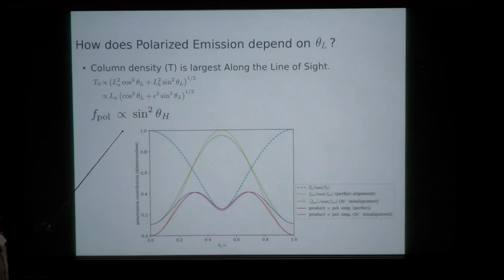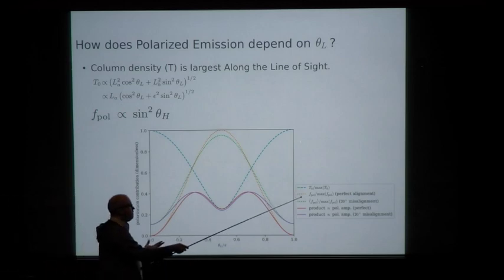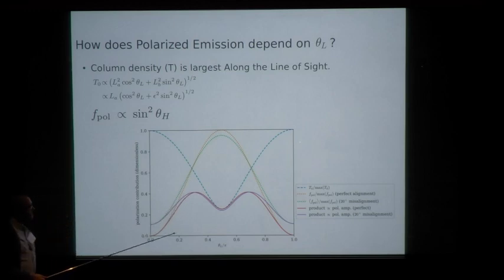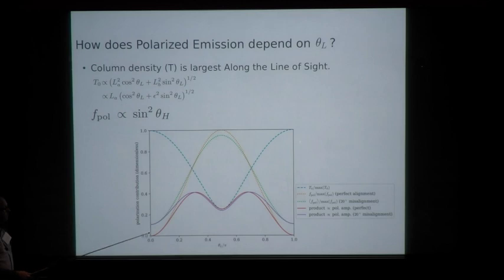Whereas if the filament is transverse to the line of sight, you'll see a lot of polarization, but less total intensity. And since the polarized emission goes like the product of the temperature and the polarization fraction, you get this double humped profile that peaks around 45 degrees. And depending on the misalignment angle, you'll increase the polarization when the filament is along the line of sight, because you'll see some polarization since it's azimuthally symmetric.